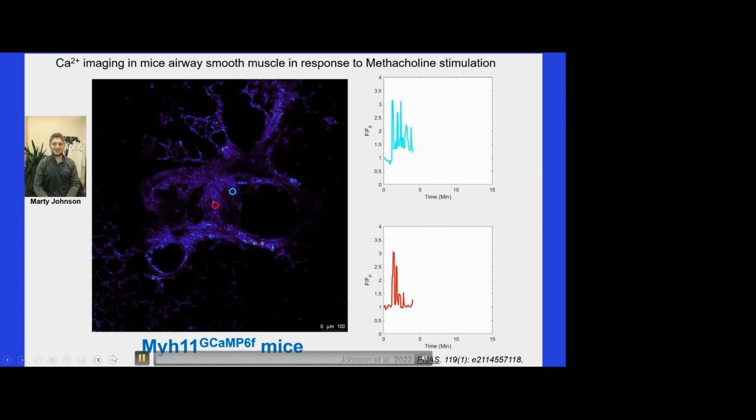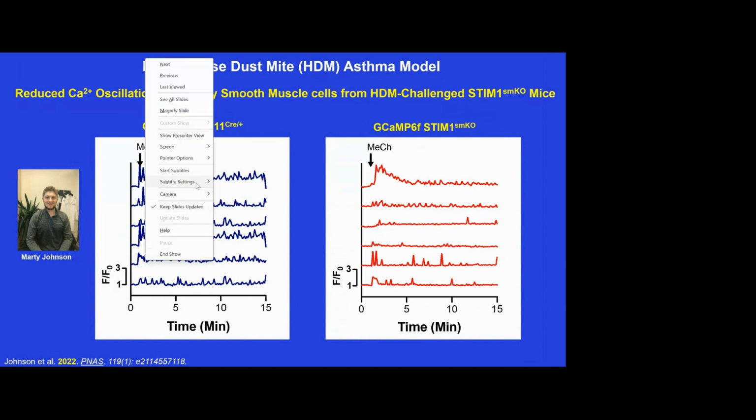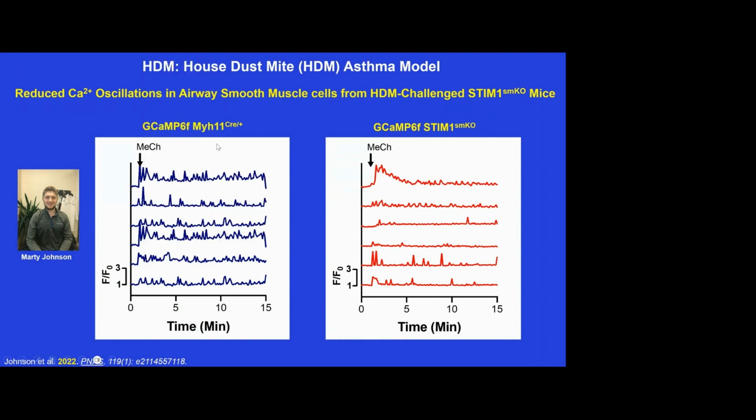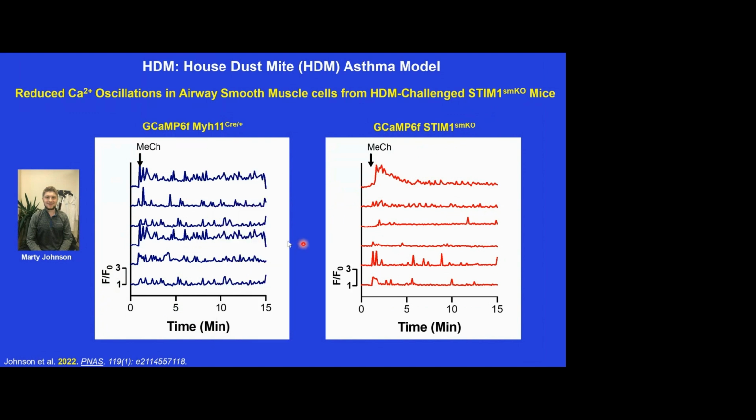And so when you do the same experiment, I'm actually again skipping the movies and stuff for lack of time. Let me go back to the pointer option again. There you go.